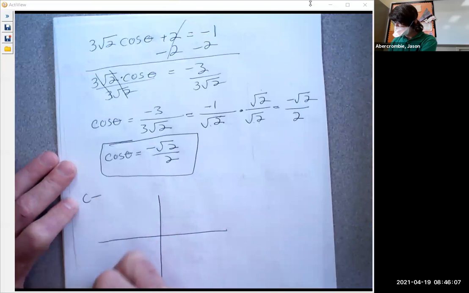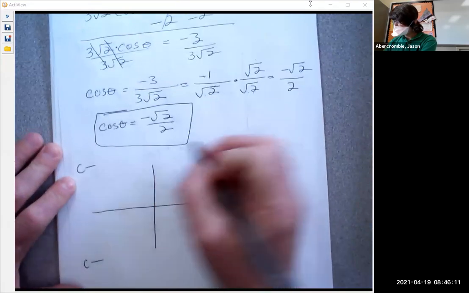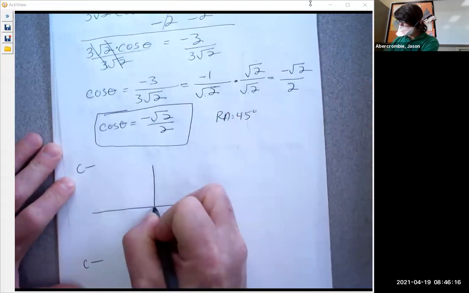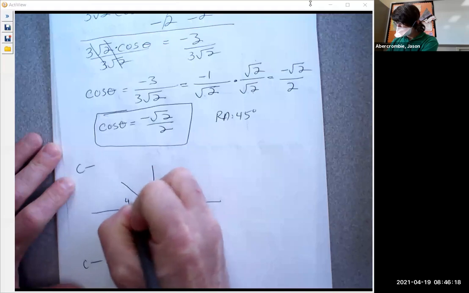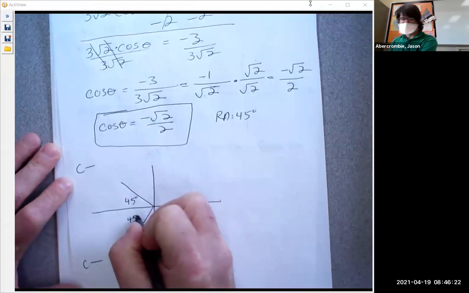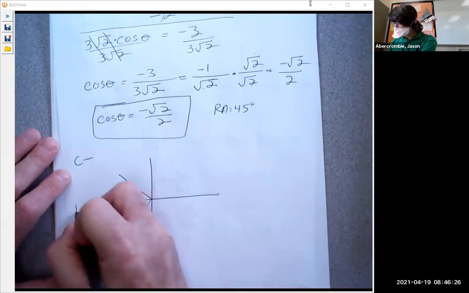So cosine's negative in the second and third quadrant. The reference angle was 45 degrees. We'll do this in degrees. Just like that. And this is 180.